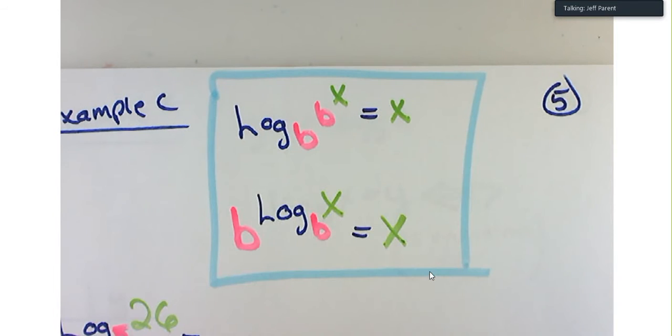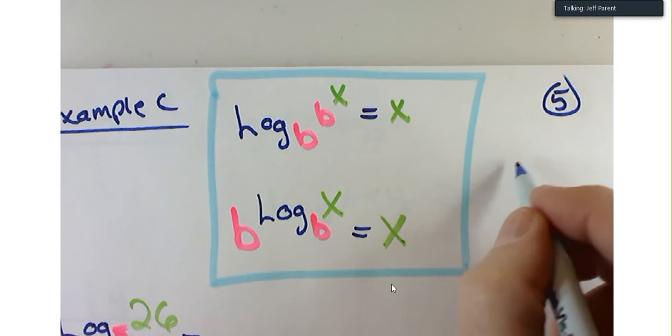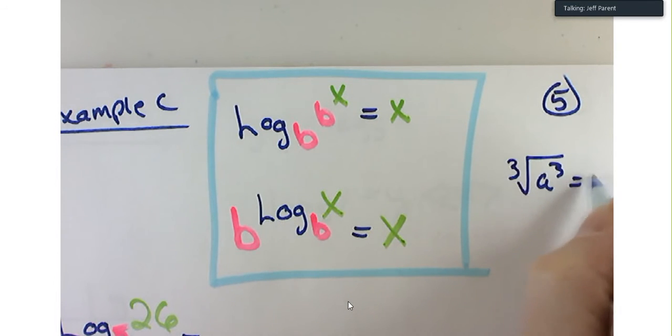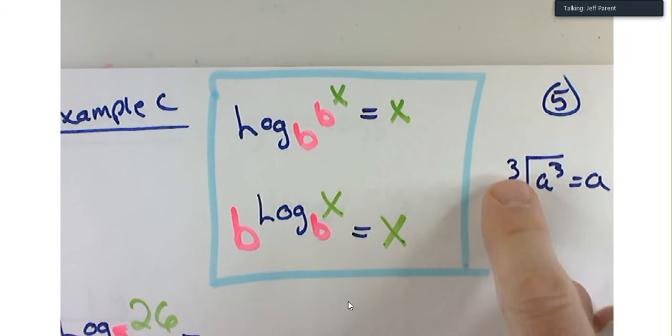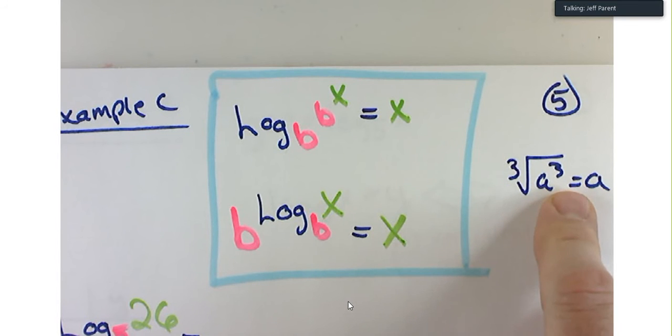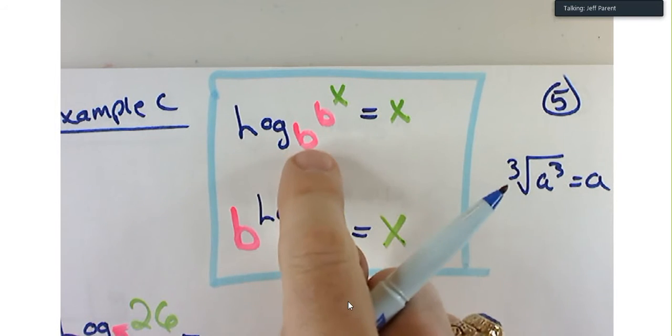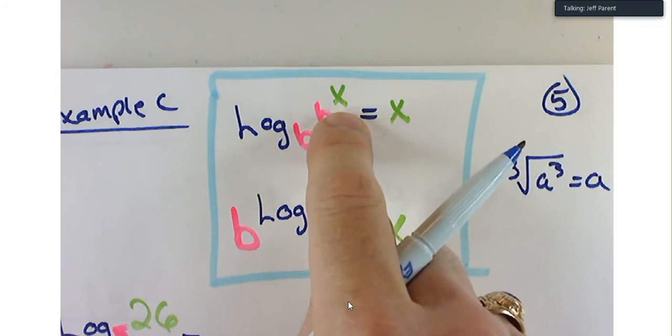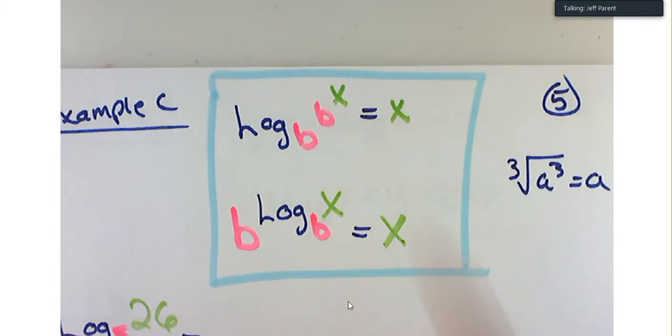The reason is that these are inverse functions of each other. For instance, if I took the cube root of a cubed, I get back to a, because these functions cancel each other out. The same thing's happening here. You've got a function, which is your log, and the inverse, which is the exponential. They cancel each other out and give me an x.